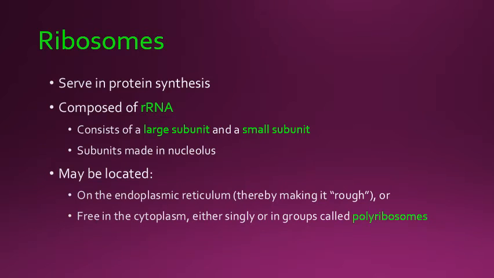So ribosomes serve in protein synthesis, which we've seen a little bit. They're composed of rRNA, and they consist of a large subunit and small subunit. The subunits are made in the nucleolus. They may be located freely in the cytoplasm or in the ER.